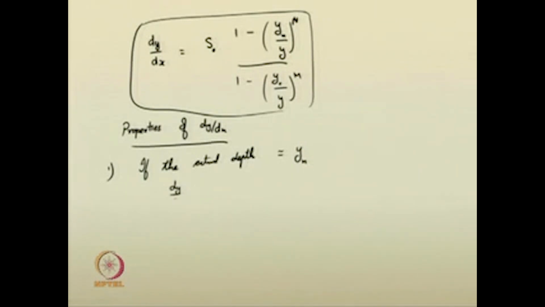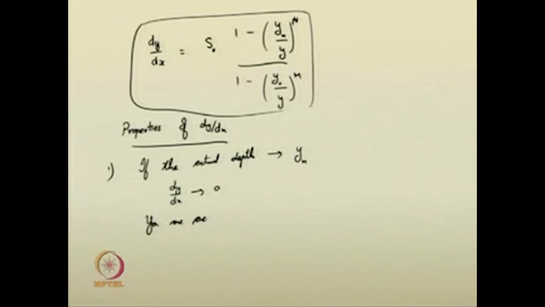If the actual depth tends to normal depth, then dy by dx tends to 0. That is, the flow water surface profile becomes horizontal there. It becomes parallel to the bed.